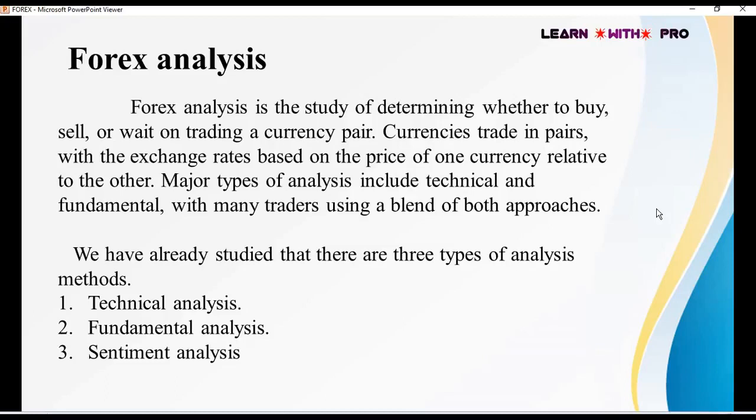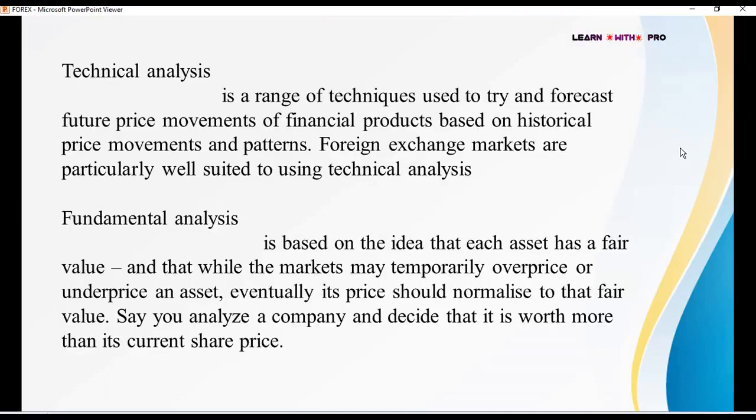Those are the major forms. But as a forex analyst, you must be able to use technical, fundamental, and sentimental. That means when we're using them together, you must be good in technical analysis and fundamental analysis.